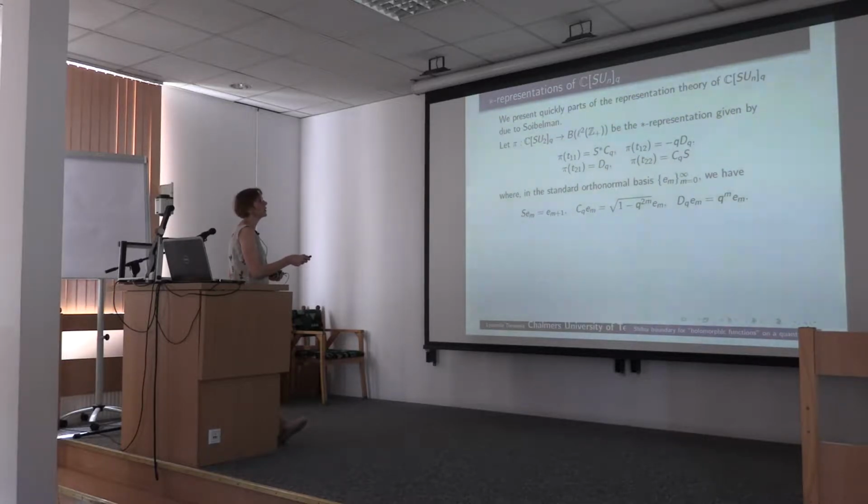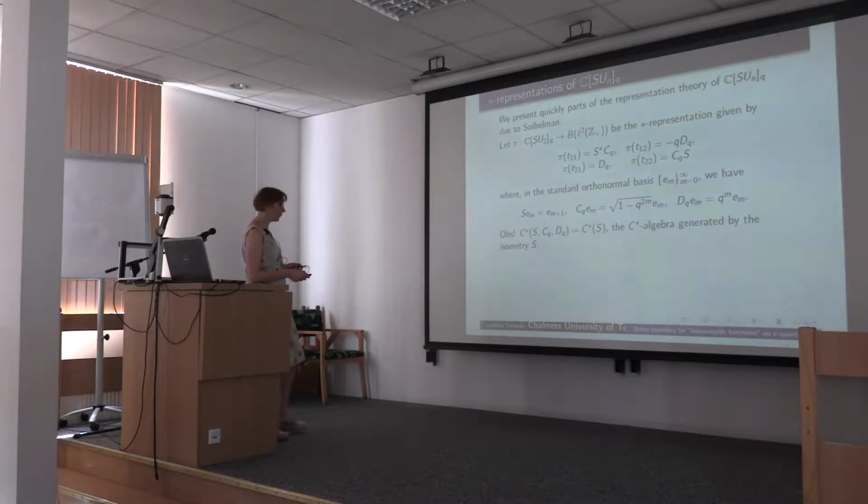If I take n equal to 2, irreducible representations can be nicely described. In particular, we have this representation π, which is given in this way. This algebra has these 4 generators, and the representation is given in this way. So S is just an isometry, and C_q and D_q are some diagonal operators.